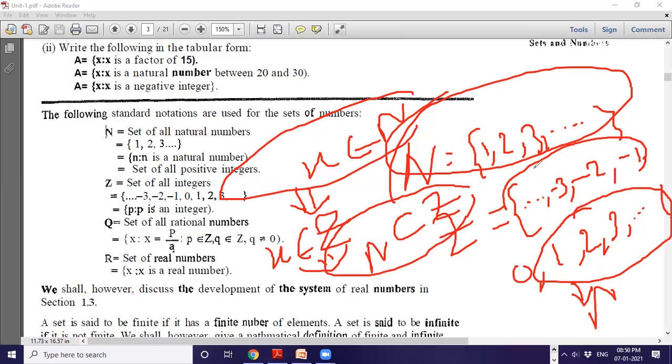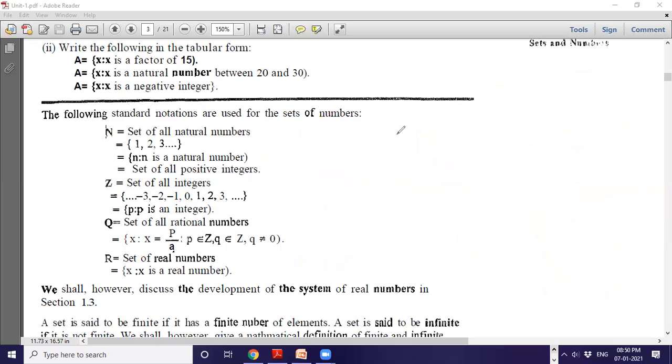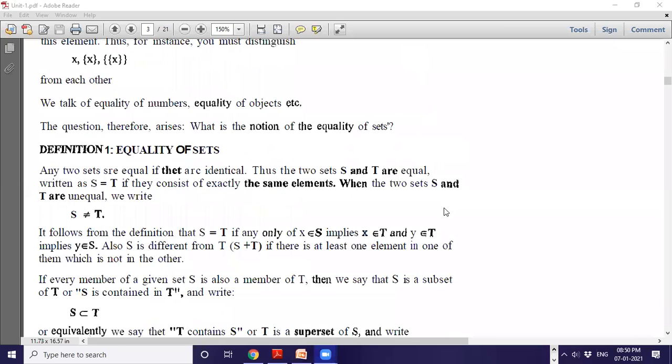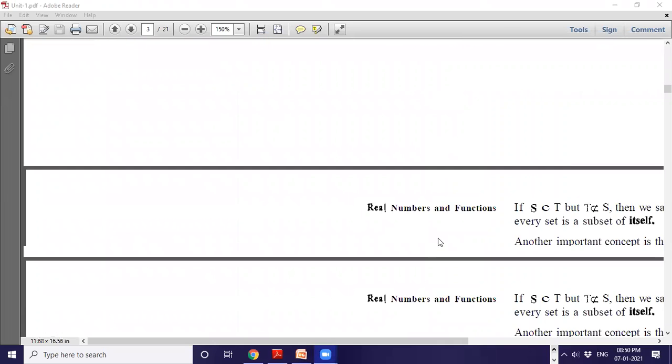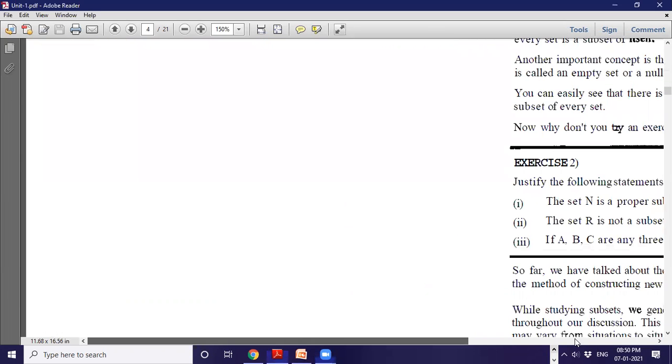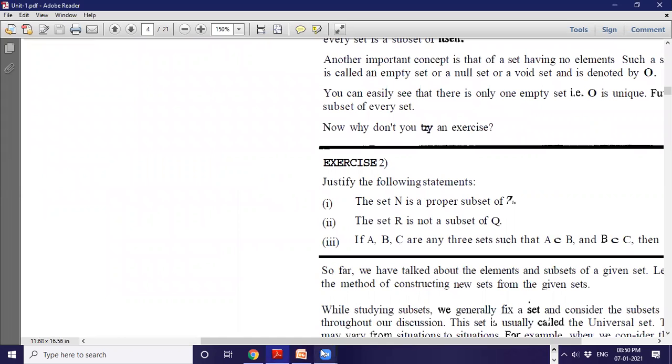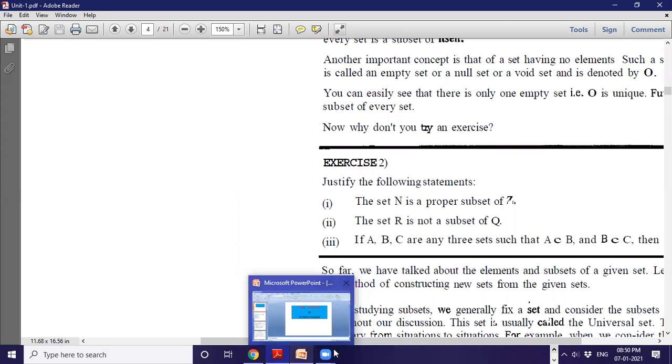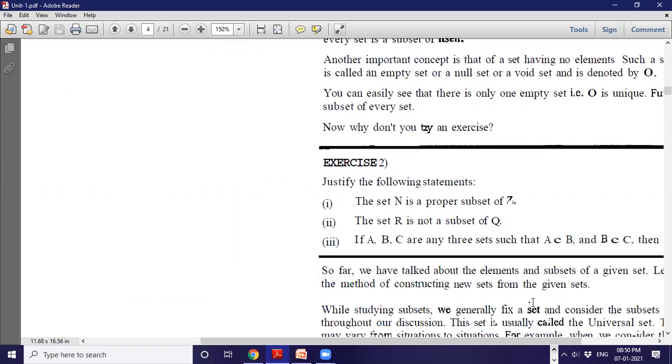These elements do not belong to N. So that is why I am writing that the set of natural number is a proper subset of set of integers, right? So पहला वाला हो गया. The first one we have just solved, right? The first one is complete.